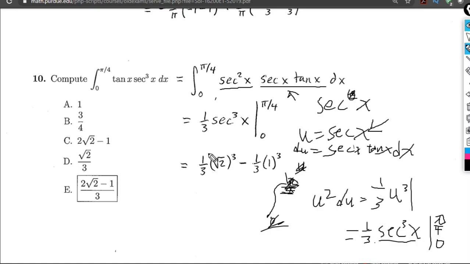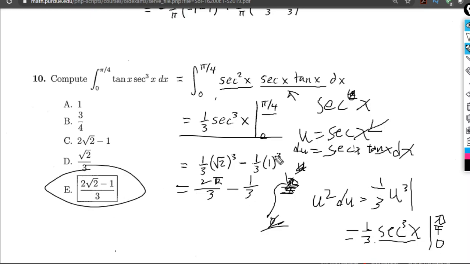So going from here, just plug pi over 4 and 0 in for secant x, and you would get 2 root 2 over 3 minus 1/3.